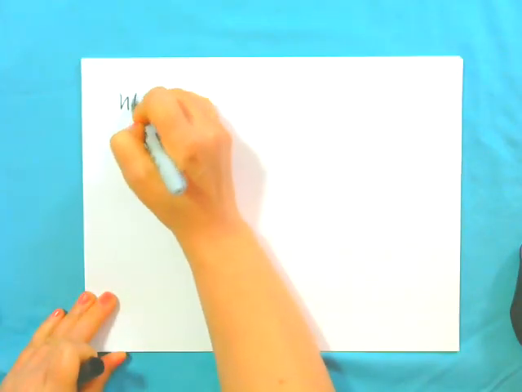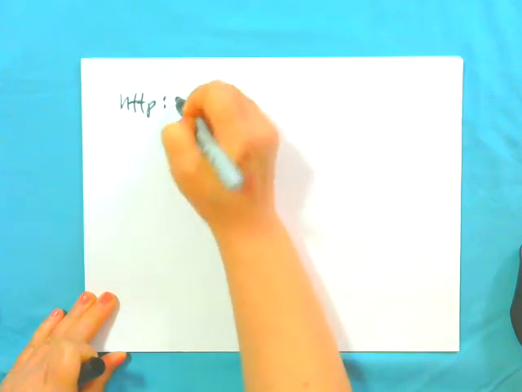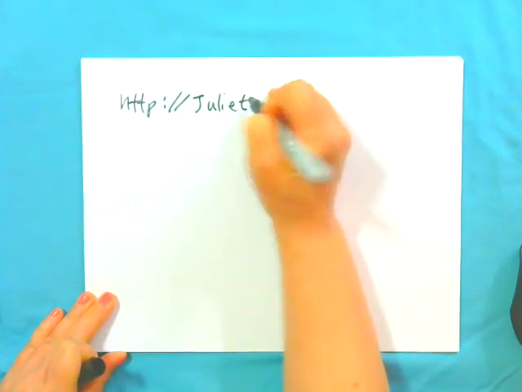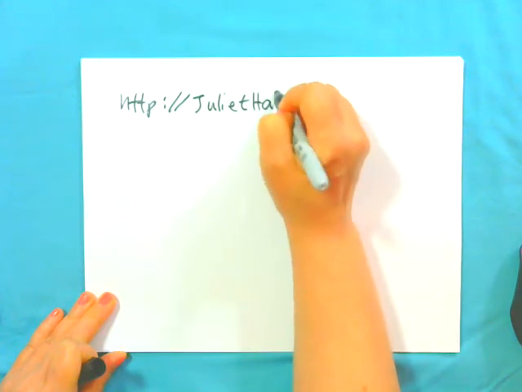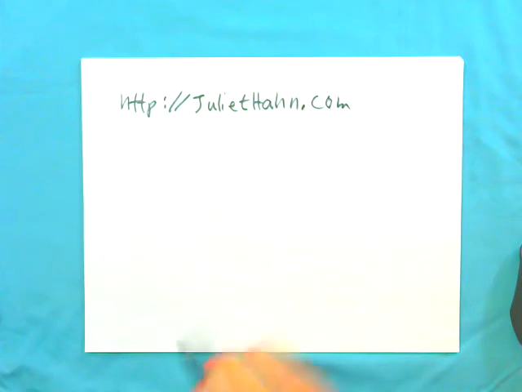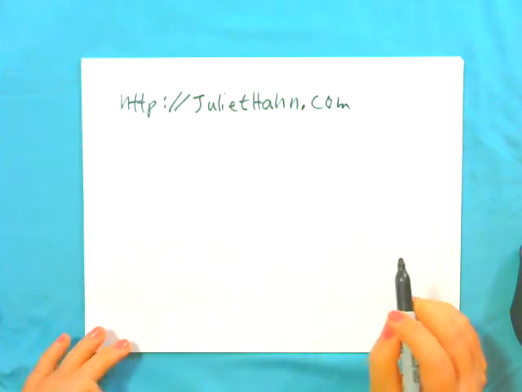Now, how do I do this Excel spreadsheet plot easily, without maybe even doing the insert business? Well, what you can do is go to my website. You would go to http and then just basically myname.com. No blanks, just my name, JulietHahn.com.